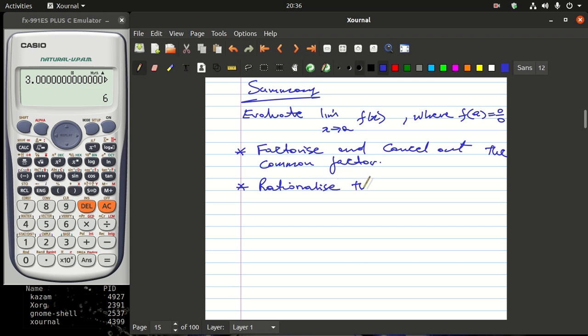Rationalize the part giving you a problem. So if we have a root like we did in the previous case, then this is actually going to be your ticket.